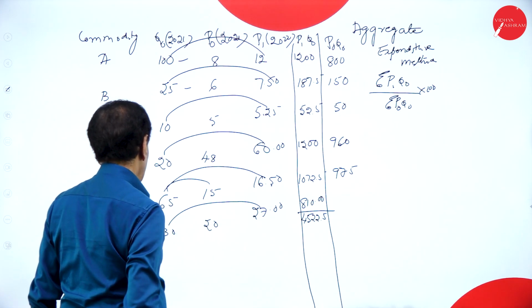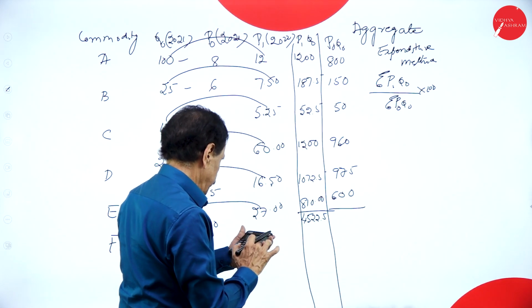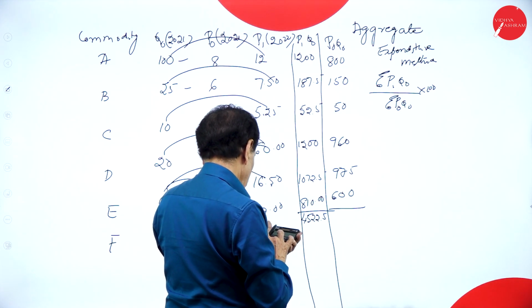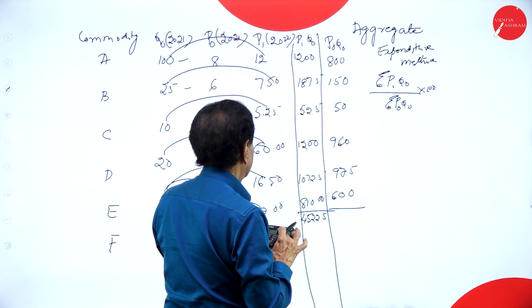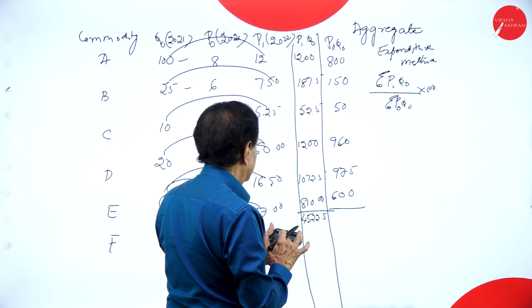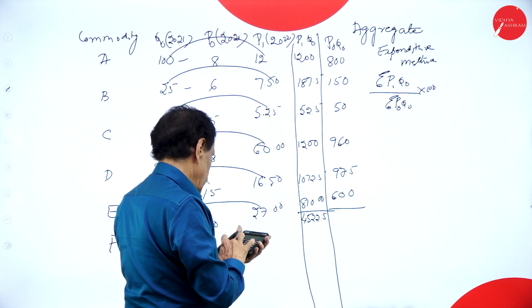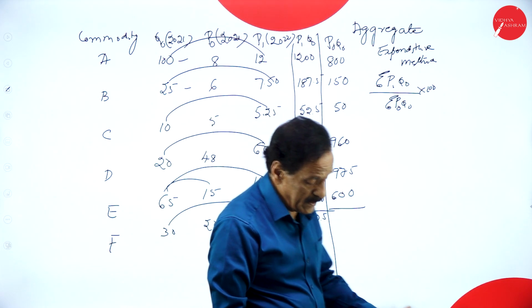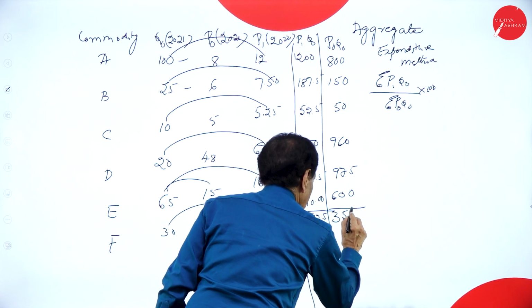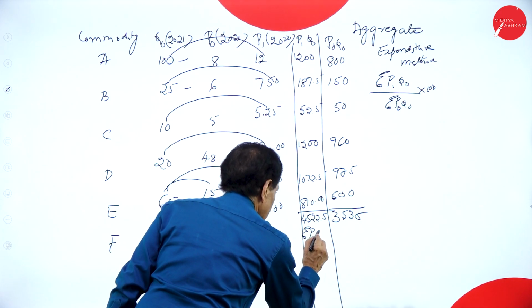Then 30 into 20, 600. Total: 800 plus 150 plus 50 plus 960 plus 975 plus 600, which is 3535. This is sigma P1 Q naught.